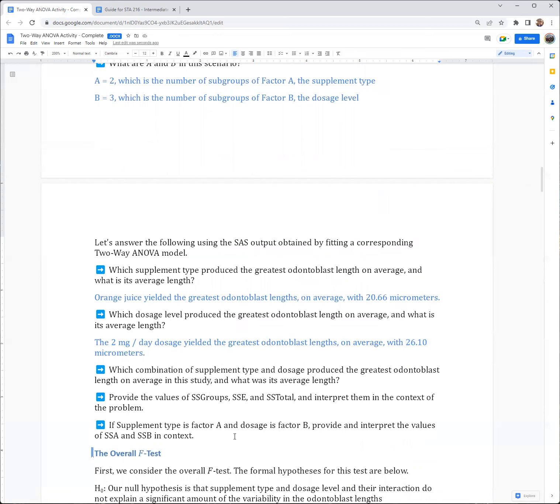So sometimes it's as simple as you take the highest subgroup of factor A and the highest subgroup of factor B, and then the combination of those two will give you the largest response variable on average.